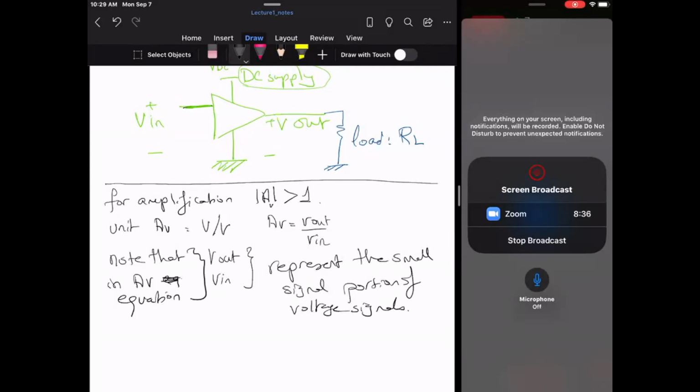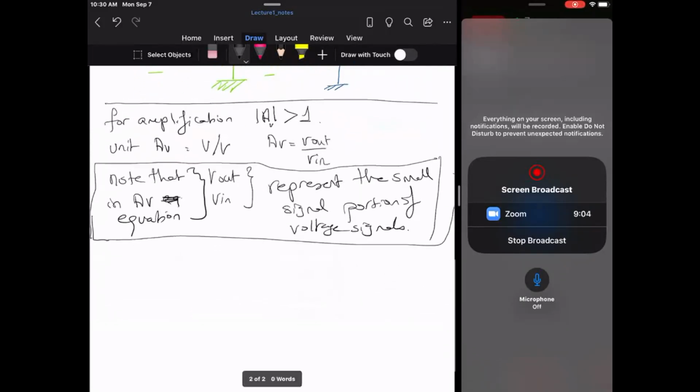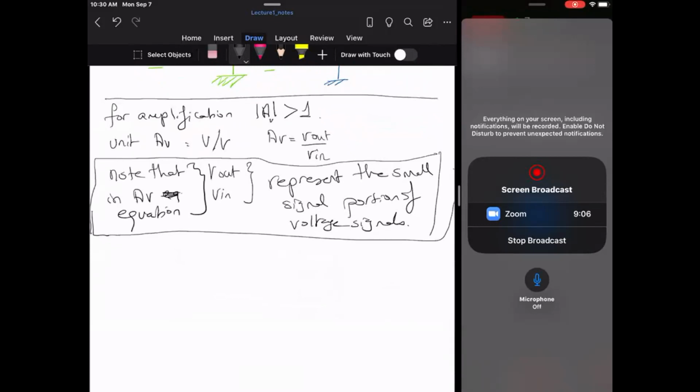Because later we will have to bias the signal, and really only the sinusoidal component amplification is what we see in the AV, and we have some DC component that does not get amplified. So this is a very important note, because usually students get confused about it, especially in the questions that we post for you later in the short quizzes and in the midterm or the final.